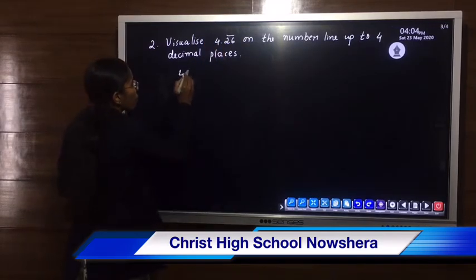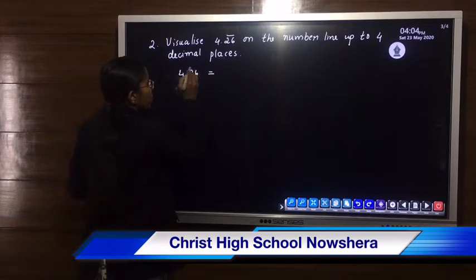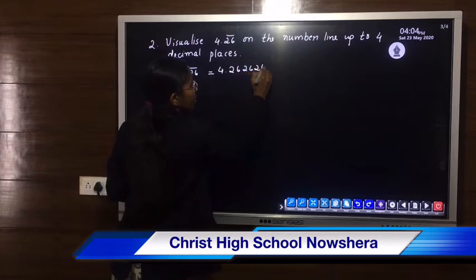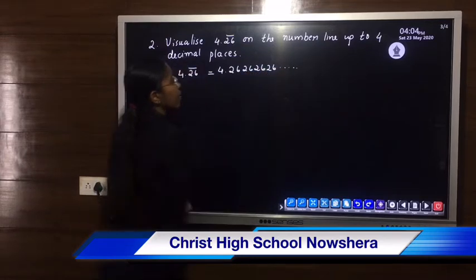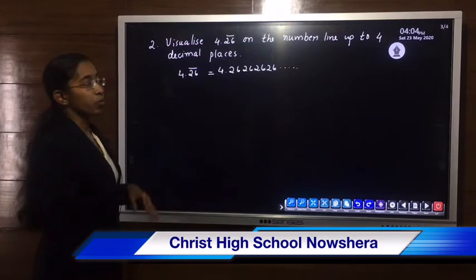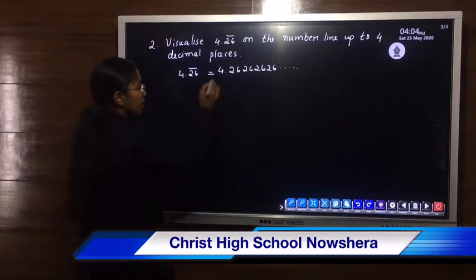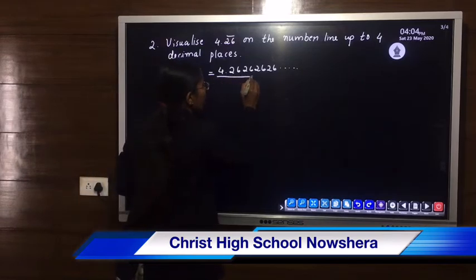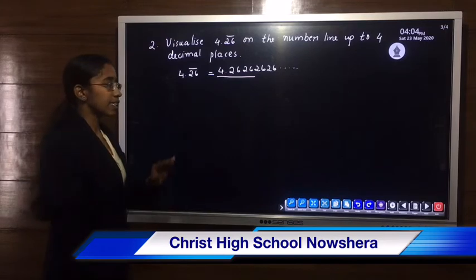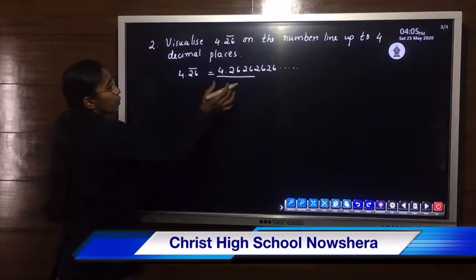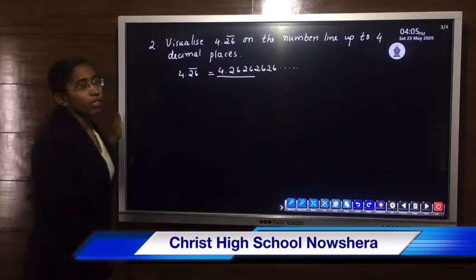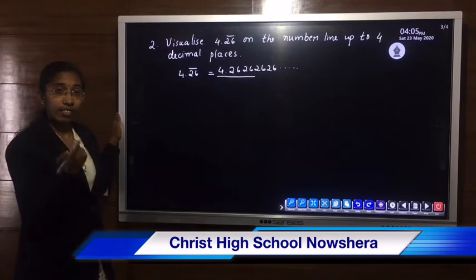So we can write 4.26 bar as 4.26, 26, 26, 26, etc. Our question is to visualize 4.26 bar up to 4 decimal places, which means you have to represent 4.2626 on the number line. The same procedure: 4.2 lies in between 4 and 5.